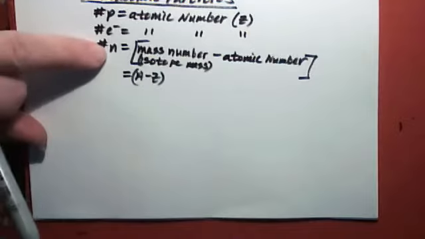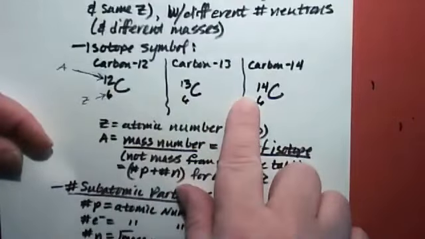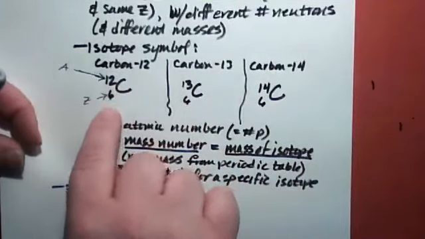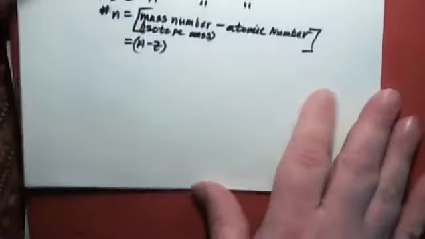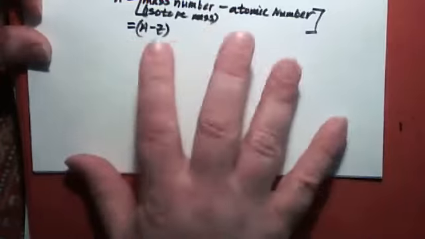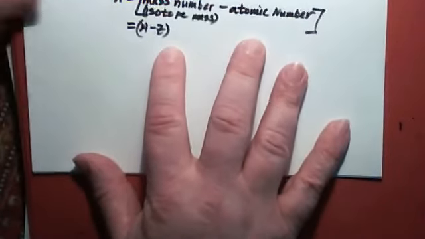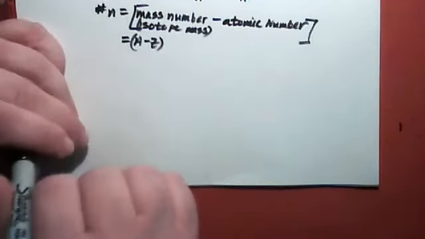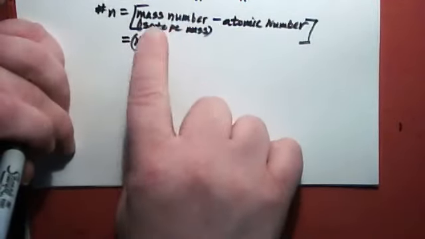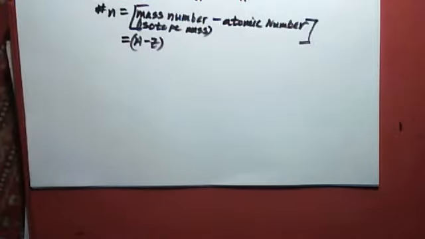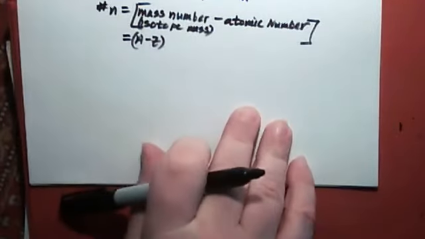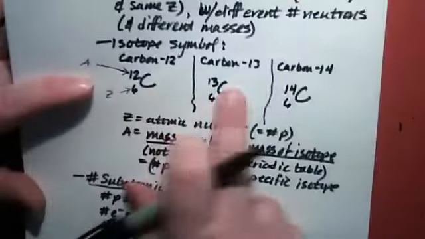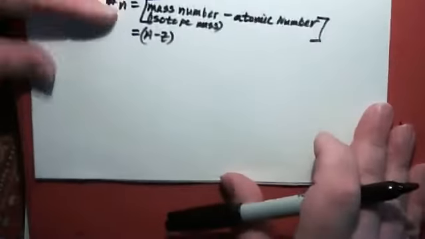But for the number of neutrons, you need to know which of these 3 isotopes you're talking about, so that you know which mass number to subtract the atomic number from. Again, don't use the number in the periodic table, because that is an average of all of the isotopes. What you need here for mass number is a whole number, which is the mass of the isotope.